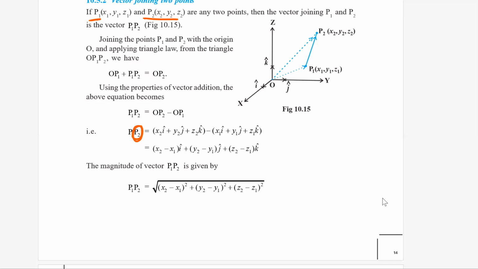So if a and b are the points, the vector is the components of b minus the components of a. And the magnitude is as usual, the square root of this square plus this square plus this square.